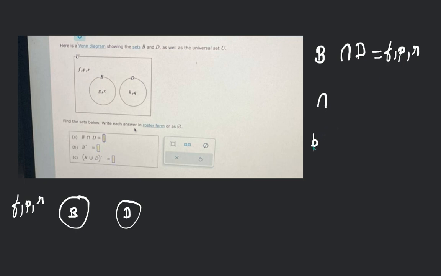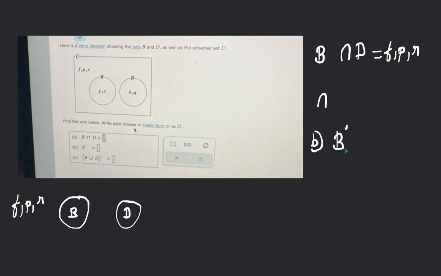Now in the B part of the question, it is written B with a small dash over it. It basically means all those things which are not in B. So tell me, in this Venn diagram, which things are not in B?